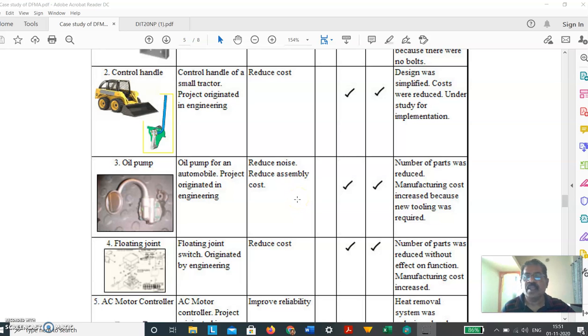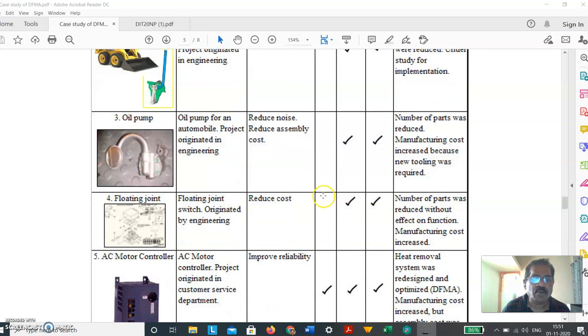Generally we understand that the manufacturing cost should not increase, but initially when the new tooling is there, it will increase, and then because of the reduced number of parts, the overall cost of the product will come down. The floating joint switch also originated from engineering. The number of parts was reduced without affecting function. The manufacturing cost was again increased here.